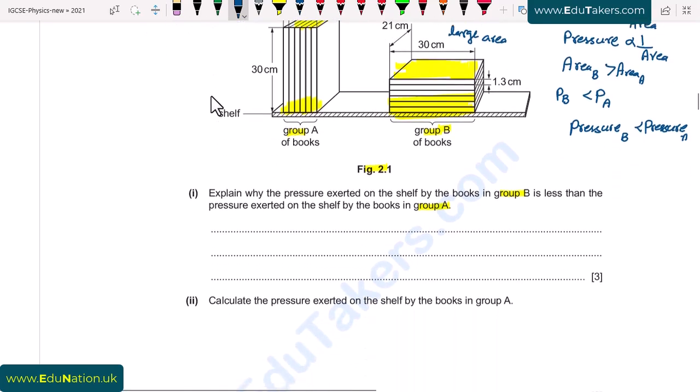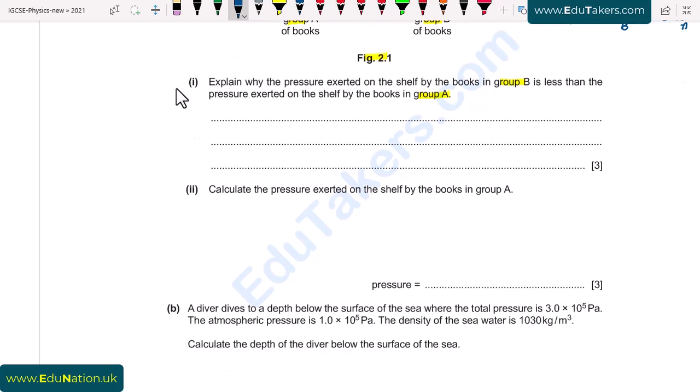So I write here, as pressure is equal to force per area.